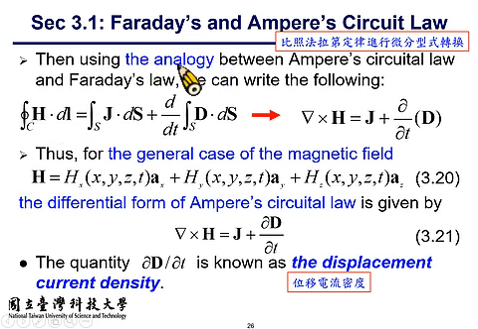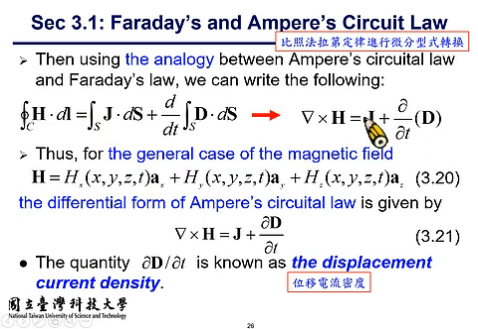So by analogy of the Faraday's law, we can write up the Ampere circuital law in differential form.